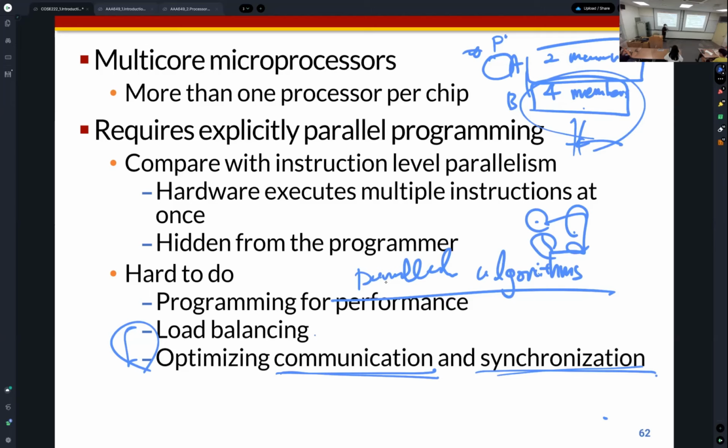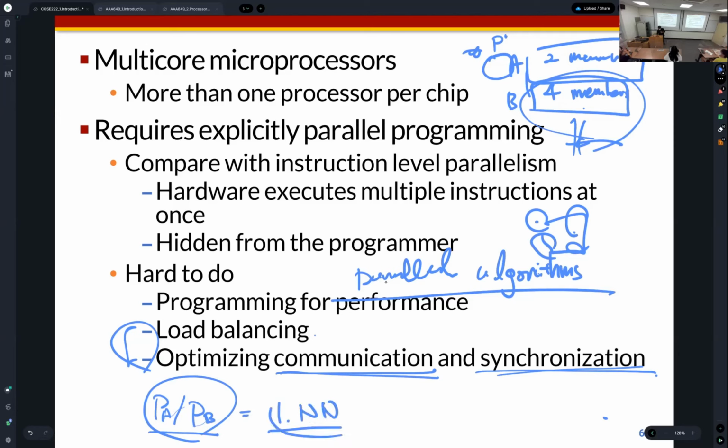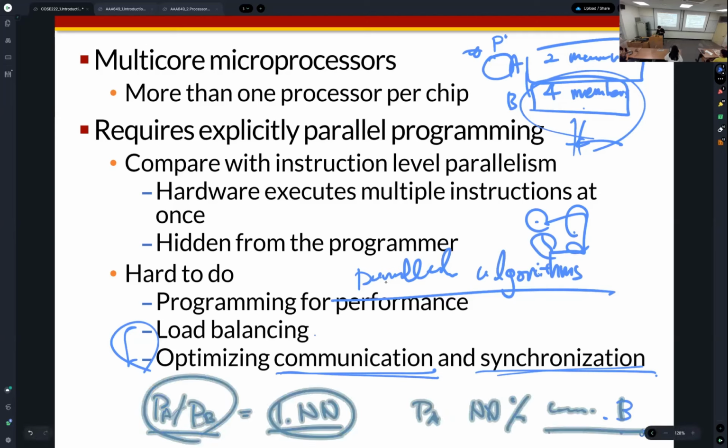If you read the homework assignments, you can find in the instructions that we can measure the power like PA divided by PB, and if this is 1.NN, then we can say that the performance of A is higher by NN% compared to the performance of B. If you read the homework assignment instruction, you can find this sentence.